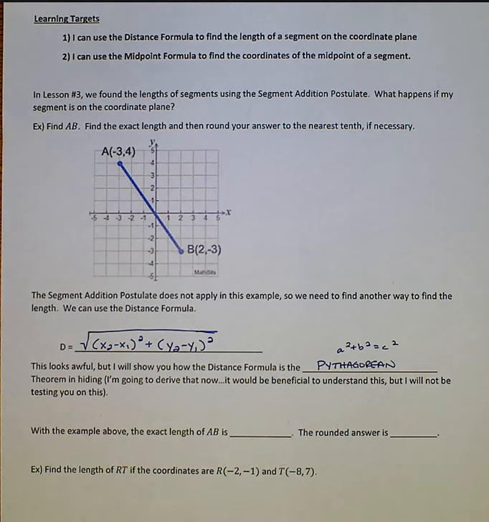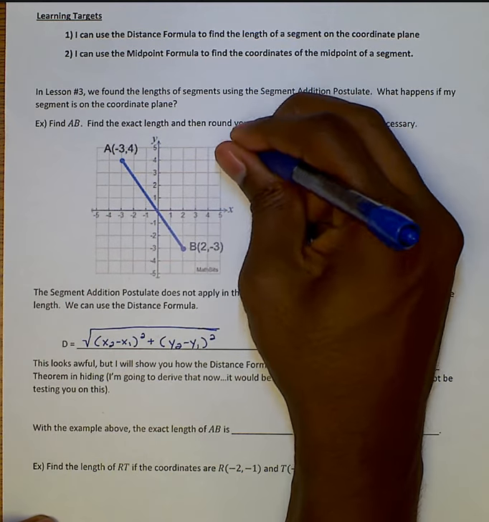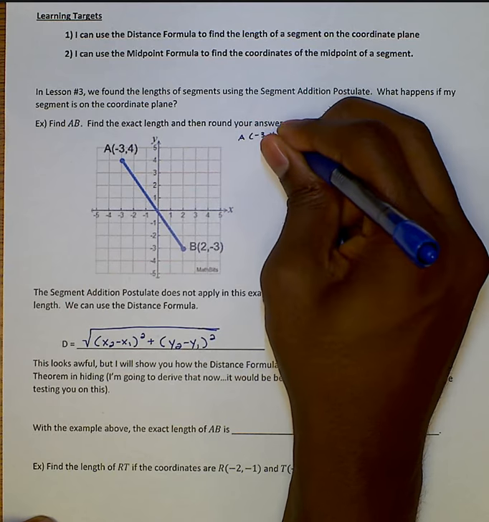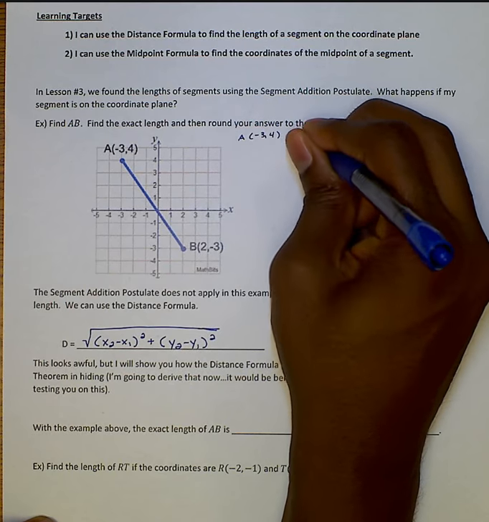So what we have is 2 points. We have A, which is (-3, 4), and we have B, which is (2, -3).